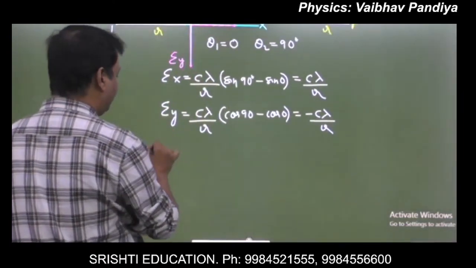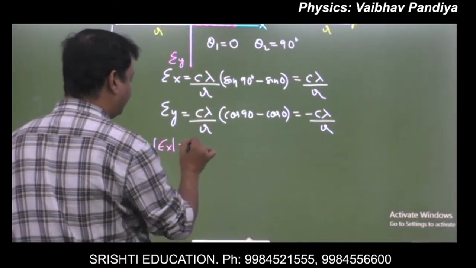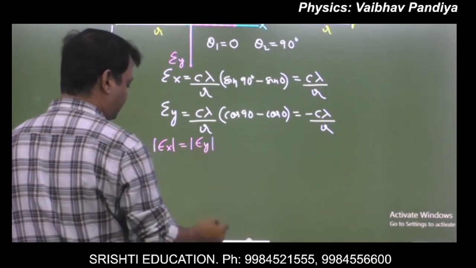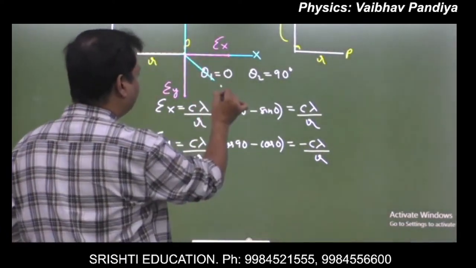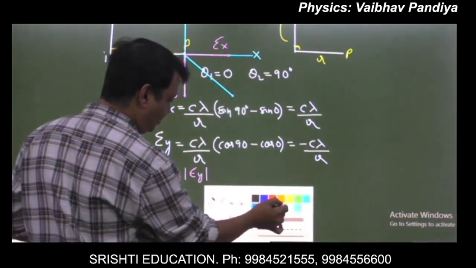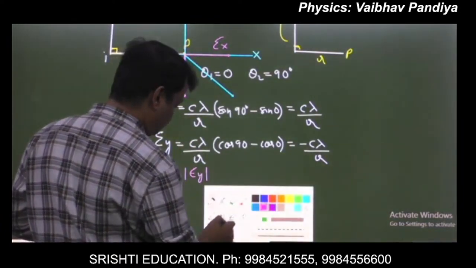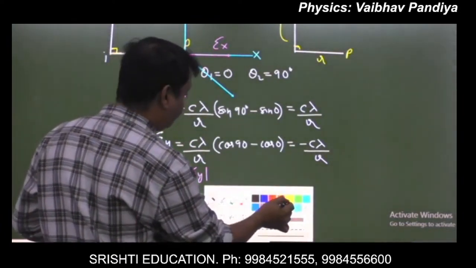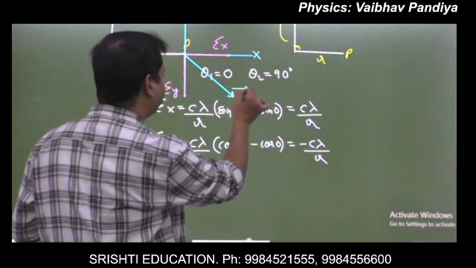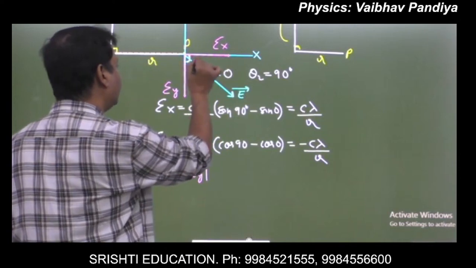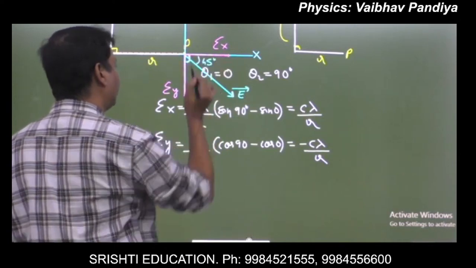Now you can see modulus of Ex is the same as modulus of Ey. So when you find the electric field, it will be the angular bisector, because both the components are equal in magnitude. So this whole angle is 90, so this will be 45 degrees.